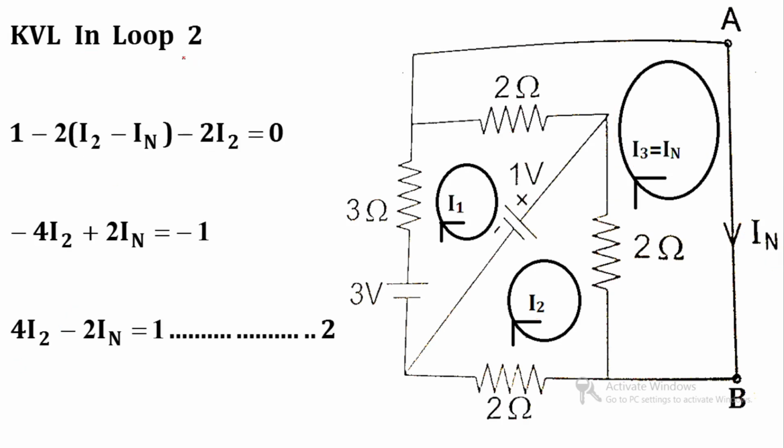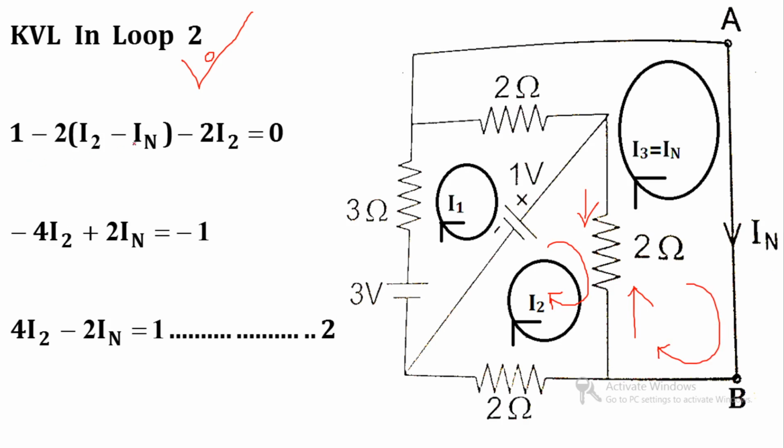Now I will apply the Kirchhoff voltage law in loop number 2. So this is my loop number 2. The KVL equation will be 1 minus 2 I2 minus IN. This is the direction of I2, and this is the direction of IN, because I have considered the same clockwise direction.